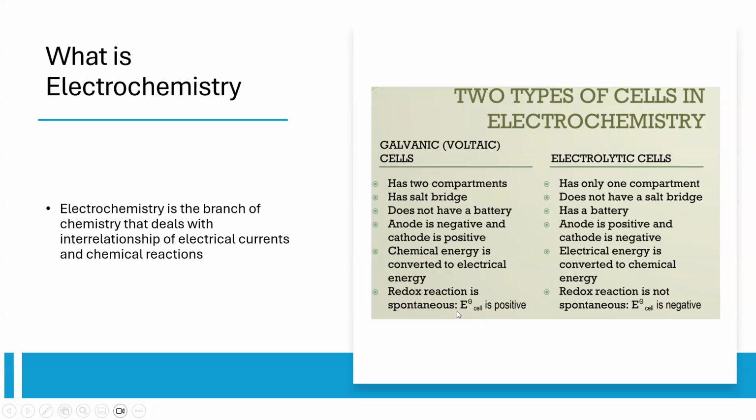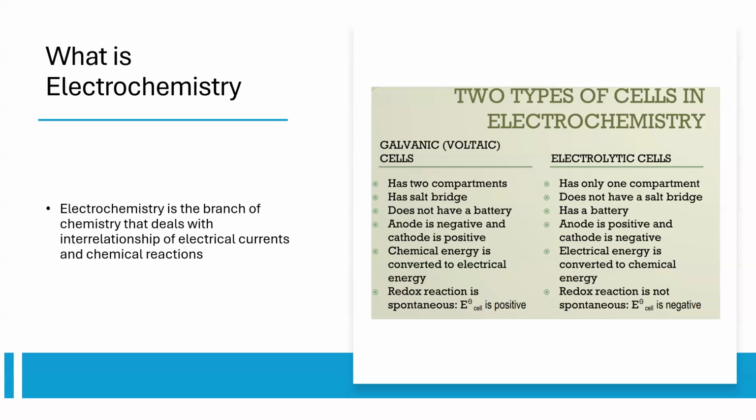So what does this mean? In a galvanic cell, which I'm going to teach you in greater detail in a few minutes, in simple terms, when we have a positive E cell, it means we have a spontaneous reaction. Please bear that in mind. When you have a positive E cell, this reaction is spontaneous.